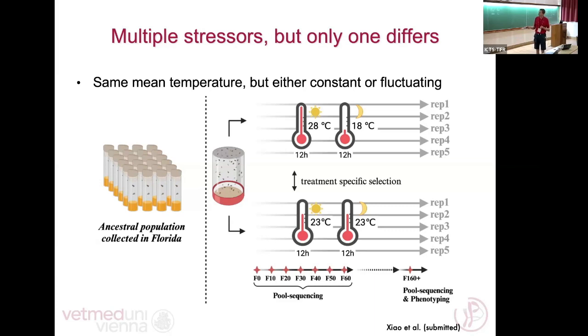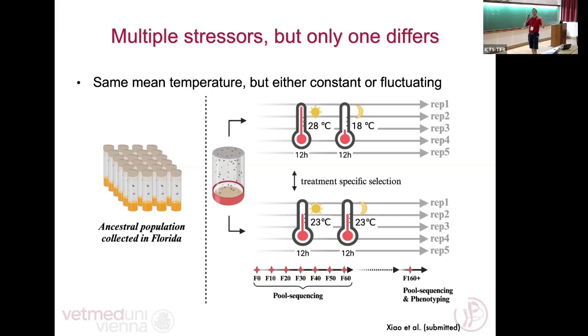He had one environment in which the temperature was a constant 23. In another environment, the average temperature was also 23, but it was fluctuating between 28 and 18. Apart from this, they were adapting to the same thing, and they have been evolving for more than 100 generations. Okay, so what would you expect in terms of the phenotype?